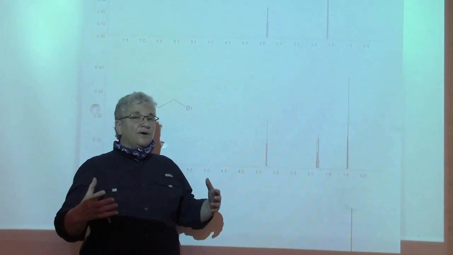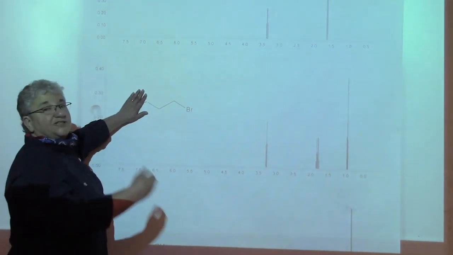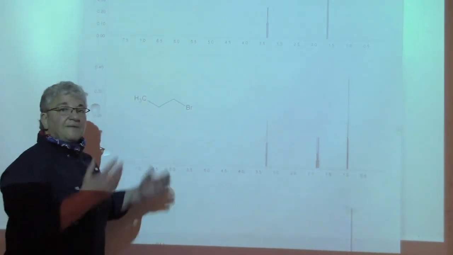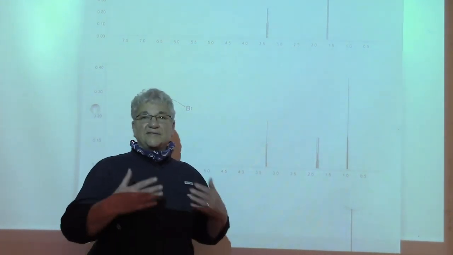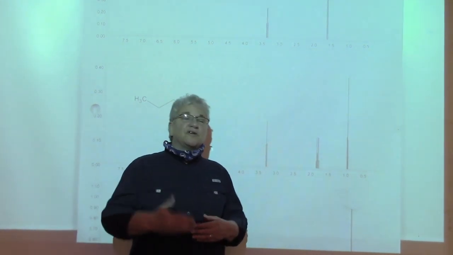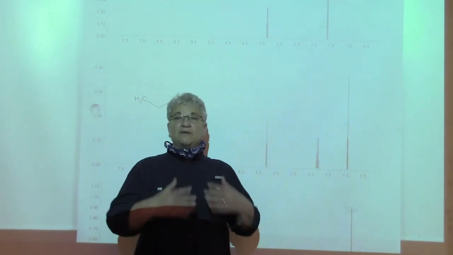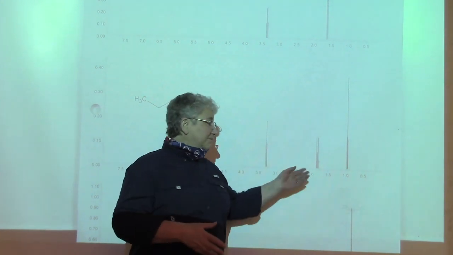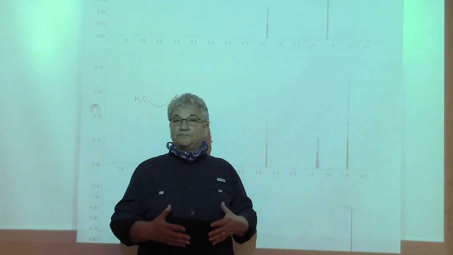You know that these 3 hydrogens are different from these 2 hydrogens. Because they're different from each other, you can't simply say 3 plus 2 gives me 5, N plus 1 gives me 6, I will be split into 6. It's not that simple. It might be how that looks, but it's certainly not that simple.